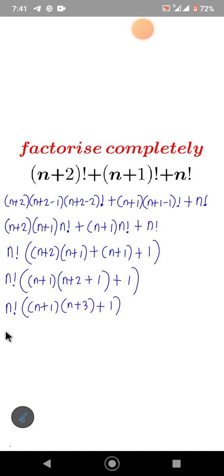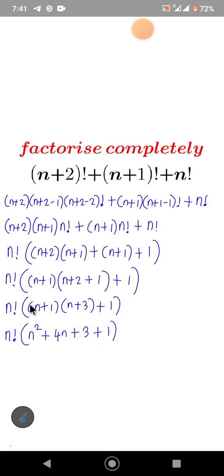So we'll say n factorial, open bracket. Here will become n squared plus 4n plus 3. That's plus this 3 plus this 1.